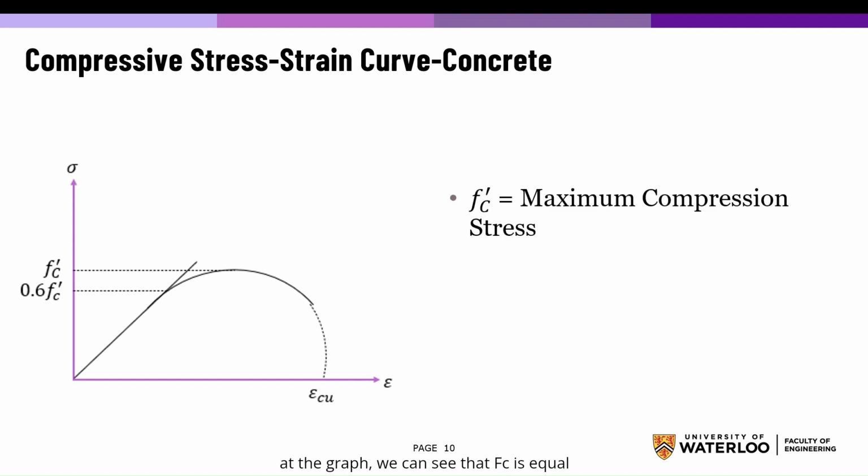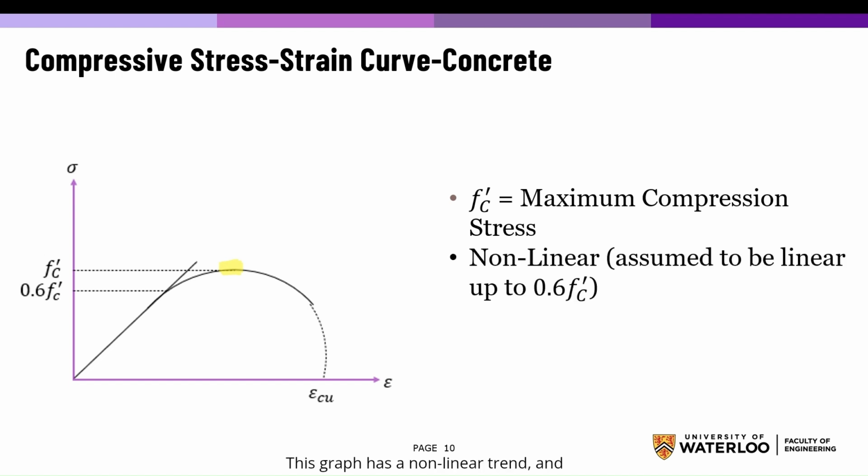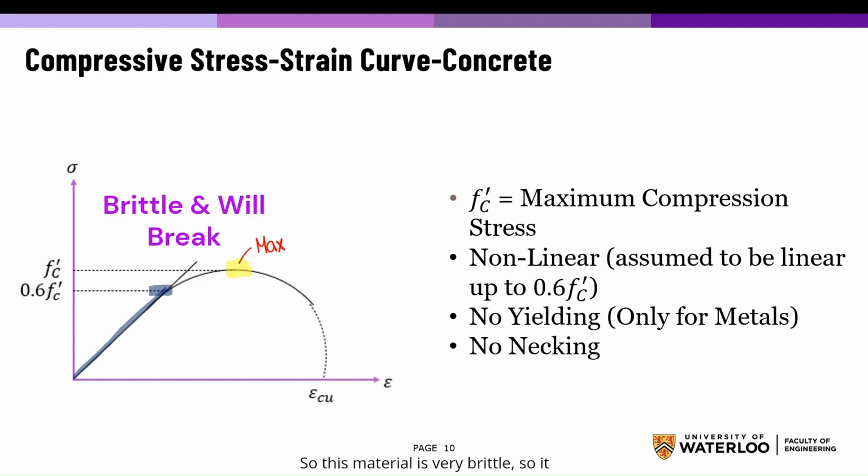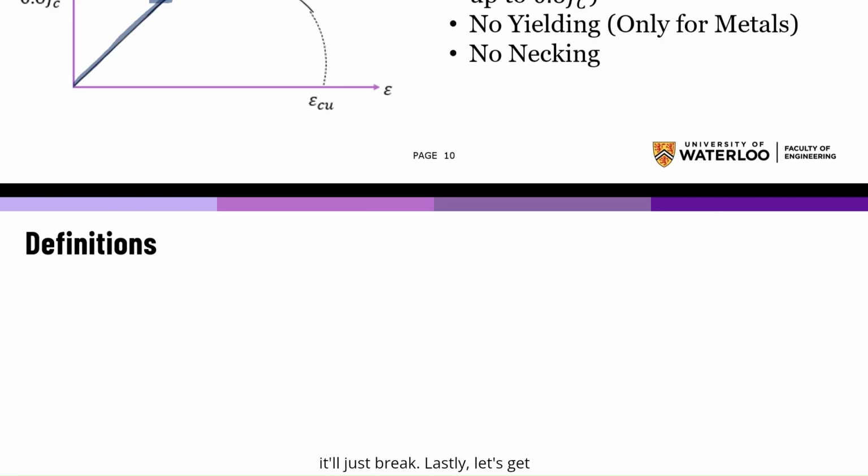Looking at the graph, we can see that Fc is equal to the maximum compression stress. This graph has a non-linear trend, and it's assumed to be linear up to 0.6 times Fc. There's no yielding and no necking. This material is very brittle, so it has minimum warning before it breaks, and it'll just break.